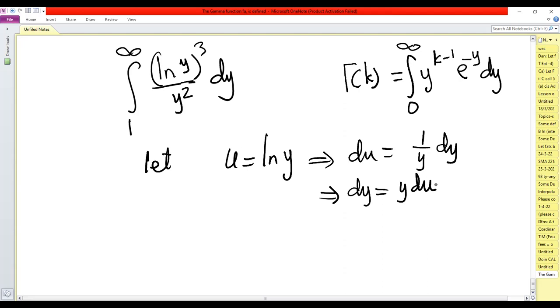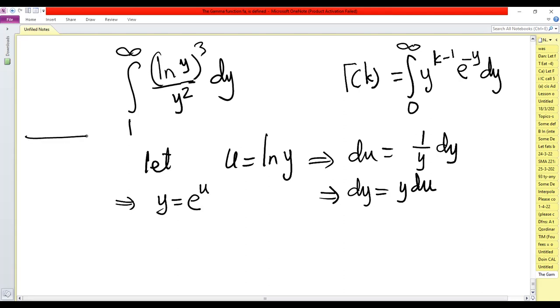Now, when we say that u is the same as ln of y, remember when we write an ln function, the base here is e. So this also implies that y itself is the same as e raised to the power u.